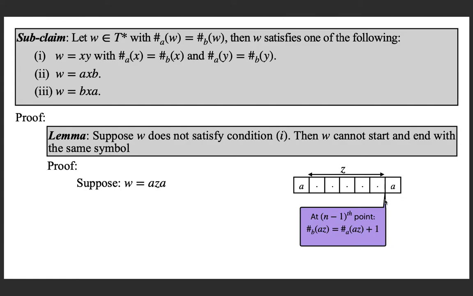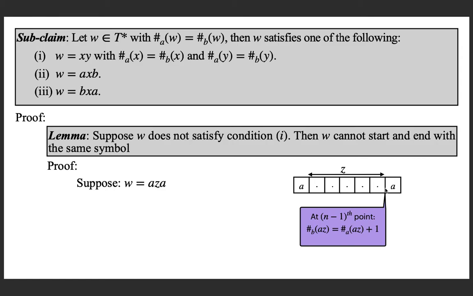So at n minus 1, up to this point, all these symbols, what is the string? AZ is the string. So what will be the number of B's in AZ? We can see that this must be 1 more than the number of A's, because in the whole string the number of A's and B's are the same, and there is 1 A left over.